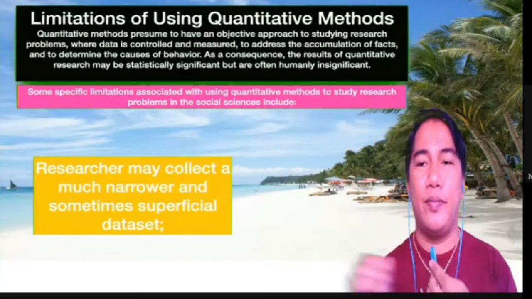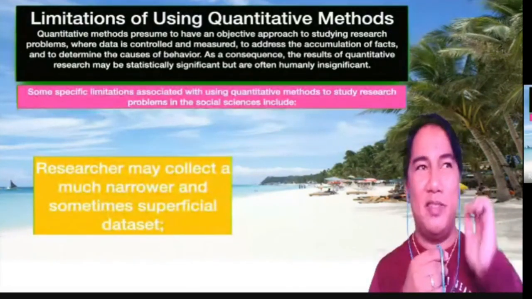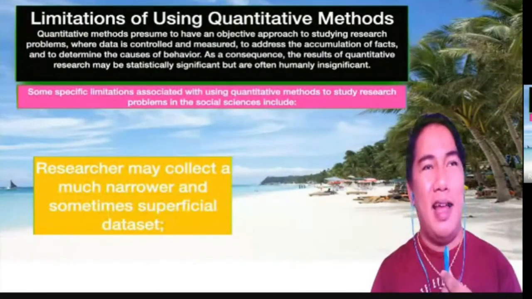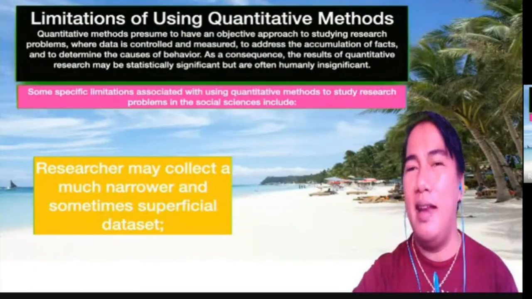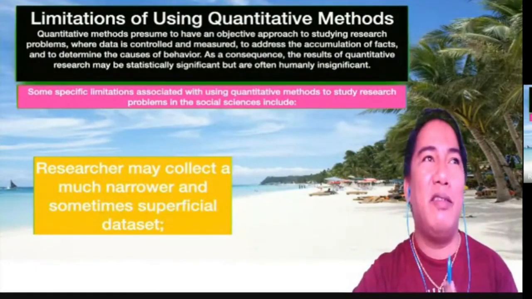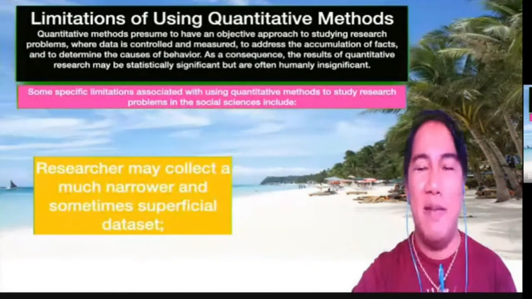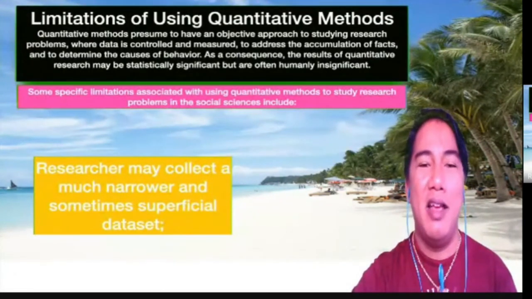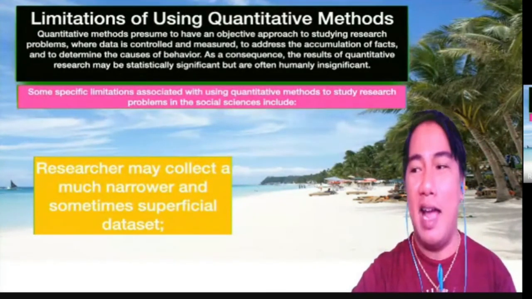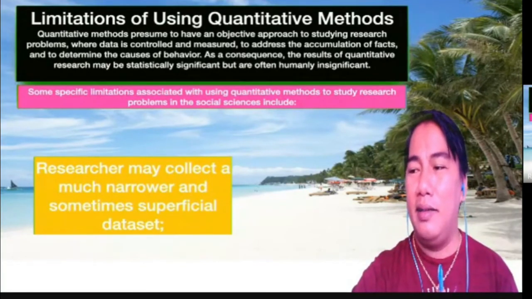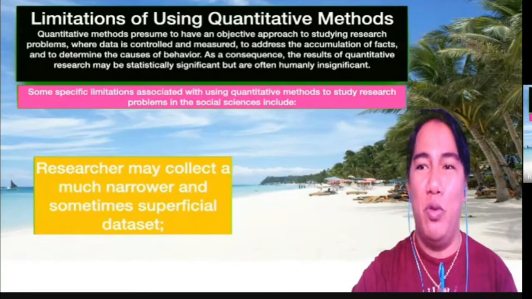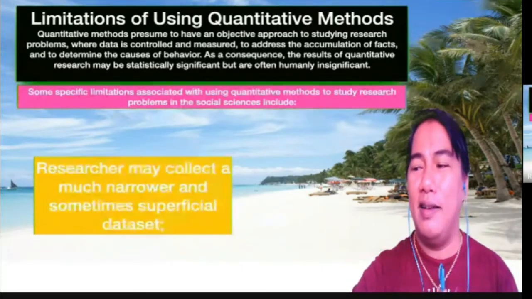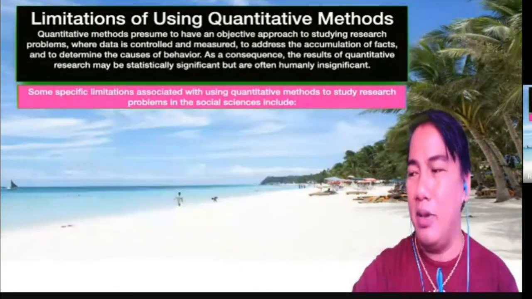O sabihin natin 100 million na ang Philippines. Pero ang mga data na nababasa natin madalas ay 1 out of 1,000 Filipinos. So ang sample lang pala ay 1,000. Pero 100 million tayo. Do you get my point? Narrower ang data mo, ang data set mo.